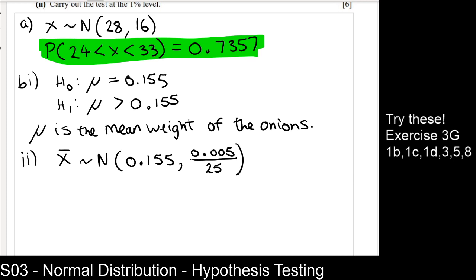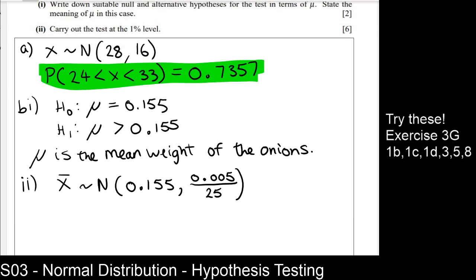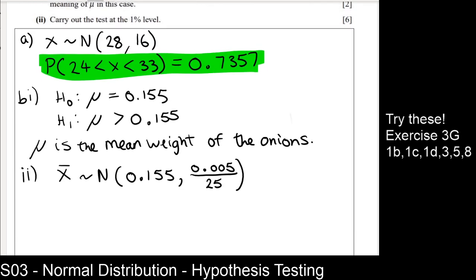So then there's a little bit of difference in this question. In this question, I'm not told what the sample mean actually is. What I'm actually told is that the total weight is 4.77 kilograms. So this isn't actually my sample mean.